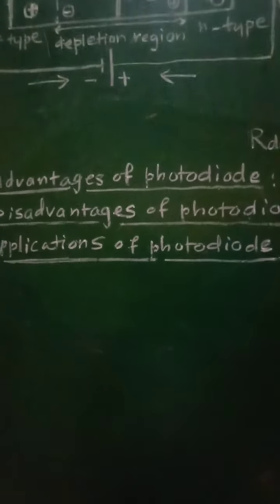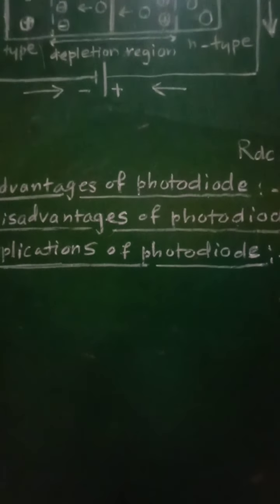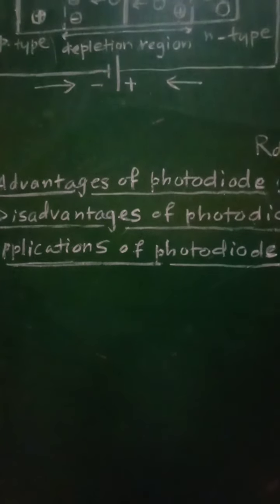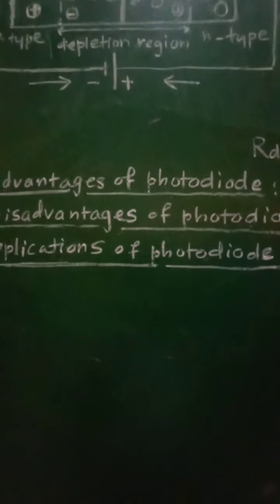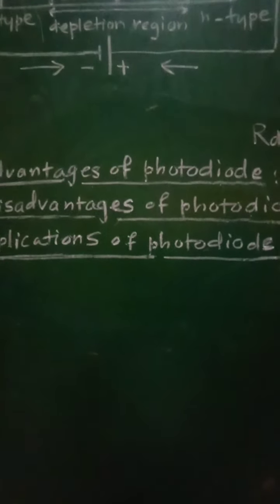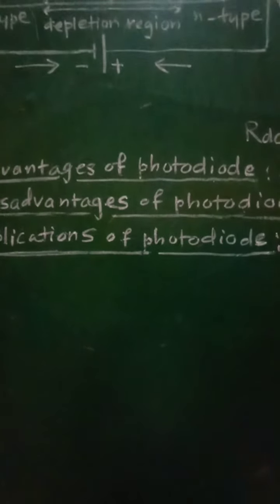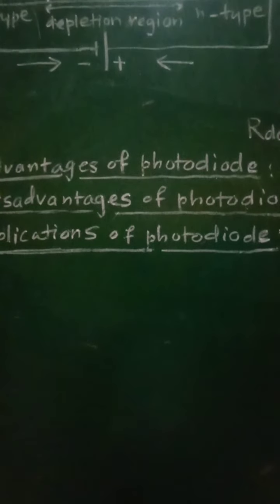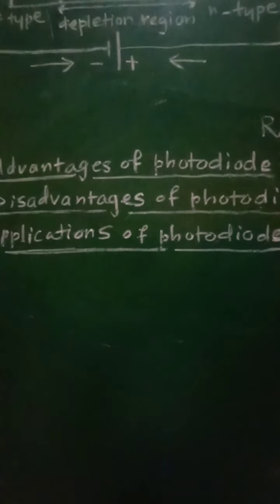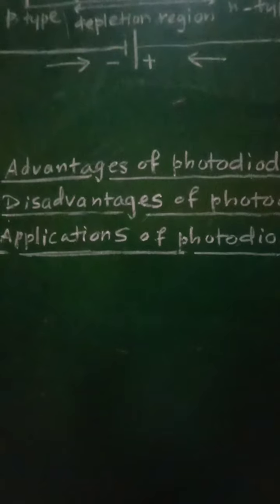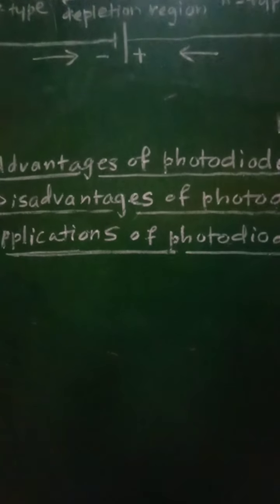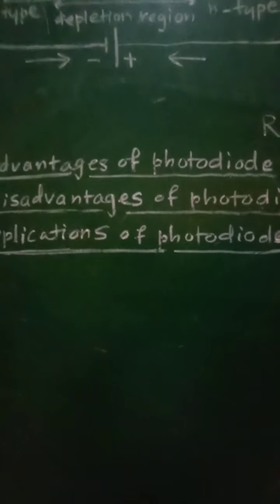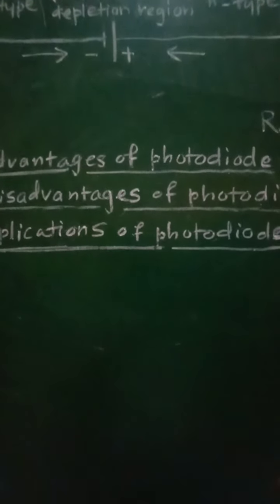Third, photodiode has a high speed of operation. Fourth, photodiode is light in weight and it is compact in size. Fifth, it has a wide range of response, that is, it has a wide spectrum response.